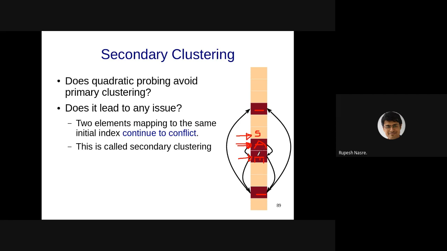At this stage, this particular conflict is okay, but Rupesh doesn't conflict with Mrityunjay. However, I'll still incur a conflict, and therefore I'm going to insert R here. Now, this is how the conflicts are going to occur, even if the elements are actually not conflicting, in linear probing.